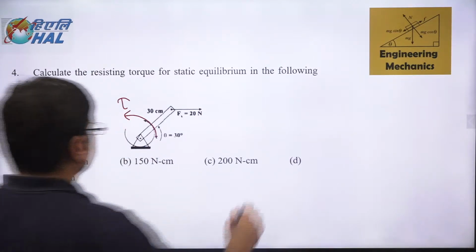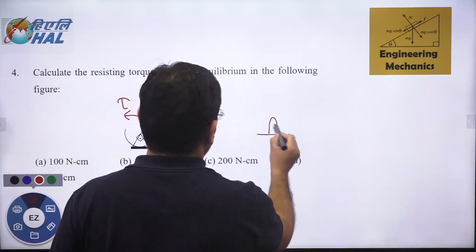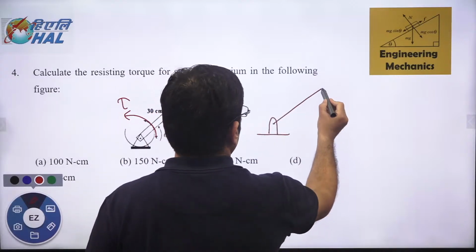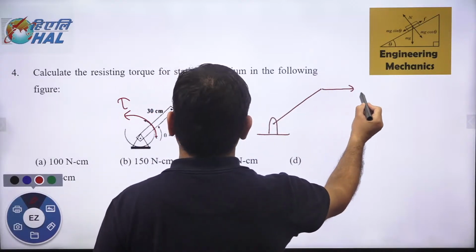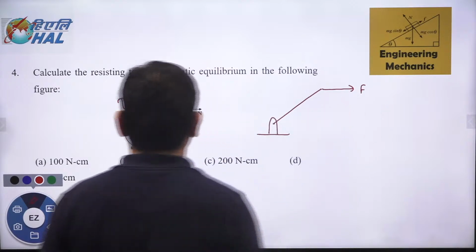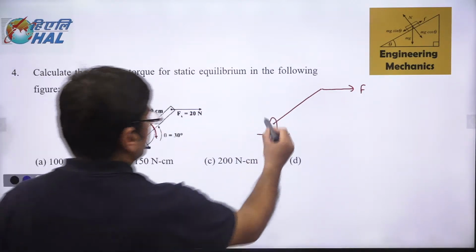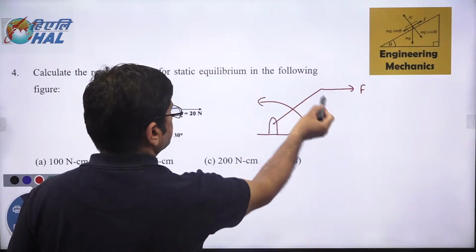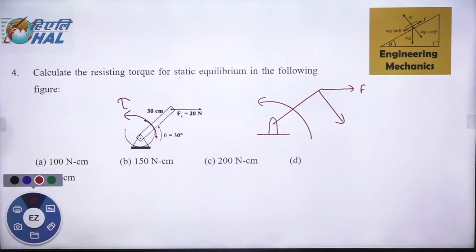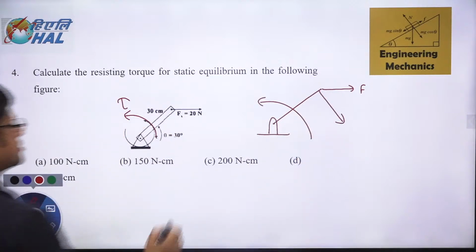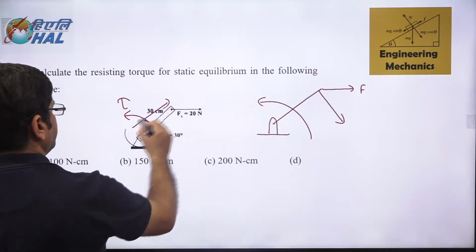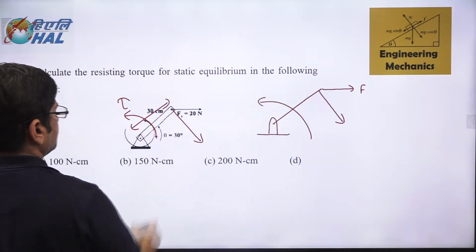And can you see this diagram? Let me make this diagram once again for you. This is the kind of force which is acting, 20 Newton, right? So what is the resisting torque? First we need to see what is the torque acting on the body. This length is given as 30 centimeter. Can you tell me how much this force is?